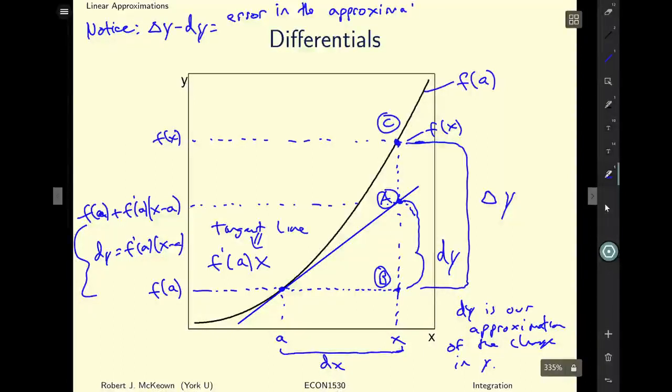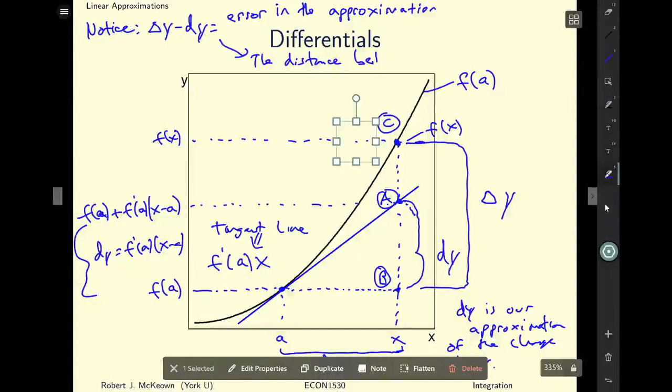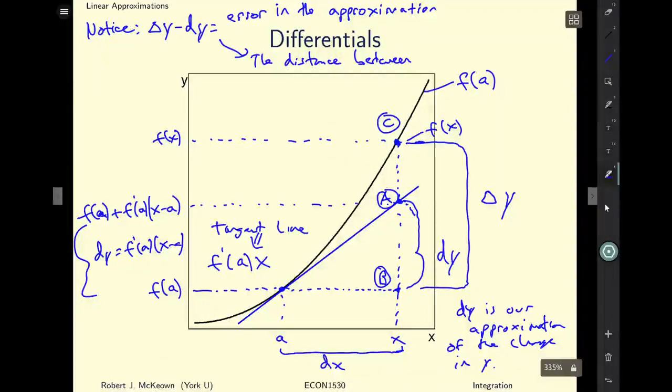So we know it's not perfect here, just looking at the diagram. If we could actually measure that error, the distance is the distance between point C and A.